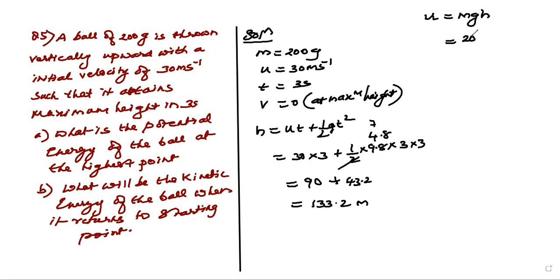Now potential energy U is equal to mgh. M is 200 gram, converted by dividing by 1000, into 9.8, and H is 133.2. So 2 zeros cancel, got it? Then you multiply 2 into 9.8, 19.6, into 133.2, the whole thing upon 100.